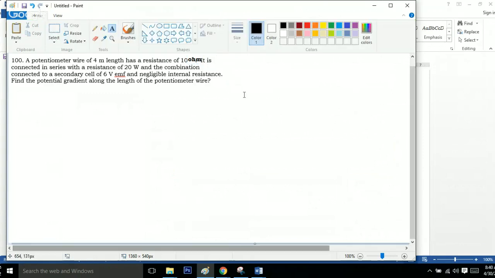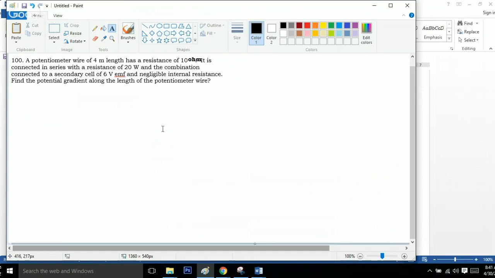It is connected in series to a resistance of 20 ohm, and the combination connected to a secondary cell of 6 volts and negligible internal resistance. Find the potential gradient across the length of potentiometer.